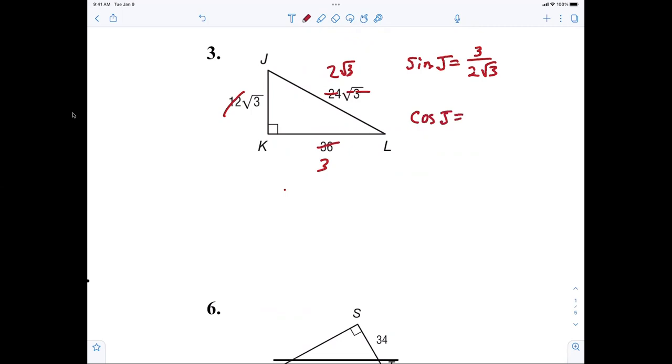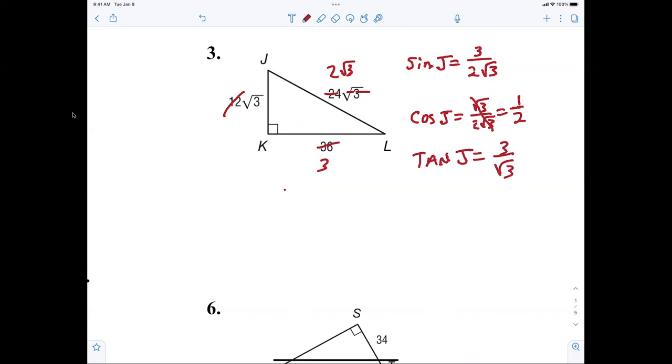Say it again. Yes, radical 3 over 2 radical 3. Now, in this case, we can just go ahead and simplify that to 1/2, right? And then what's the tangent of J? 3 over radical 3. Thank you so much.